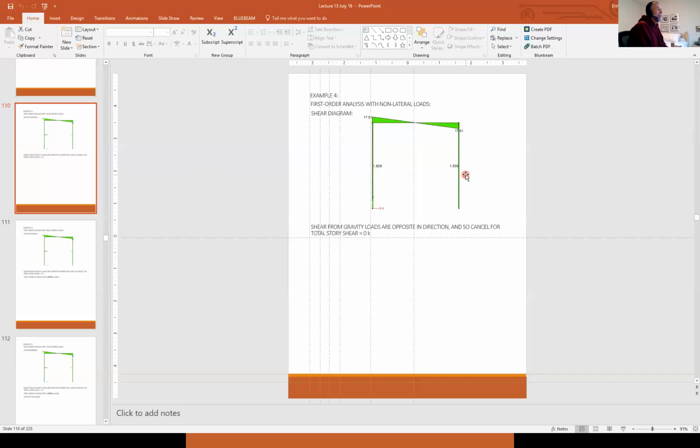But how rare is that? You don't really get that a lot. So that's one of the few examples I can even think of where you have a sustained shear in your story. Most of the shear is going to be from wind or seismic, or I suppose there are other ways you could get shear from a transient loading, maybe a bent frame supporting a railroad train or something like that.